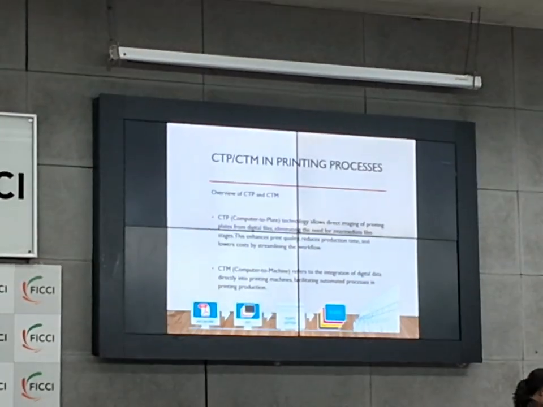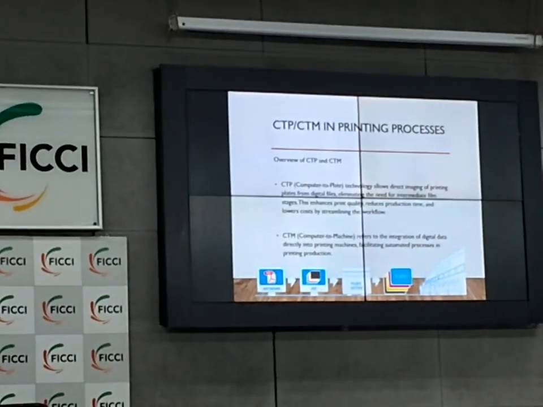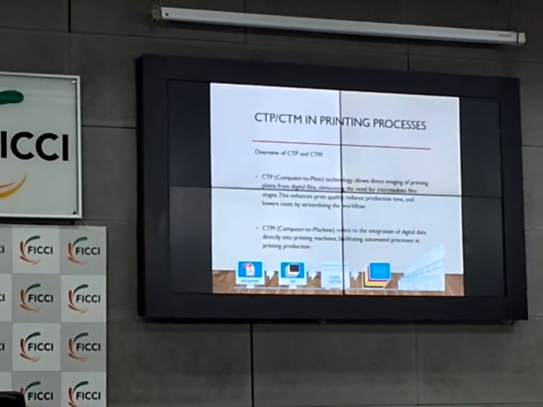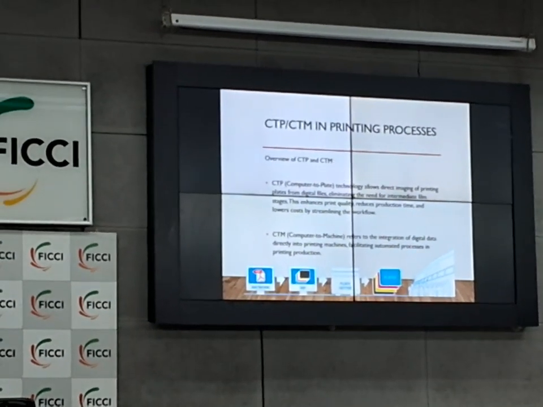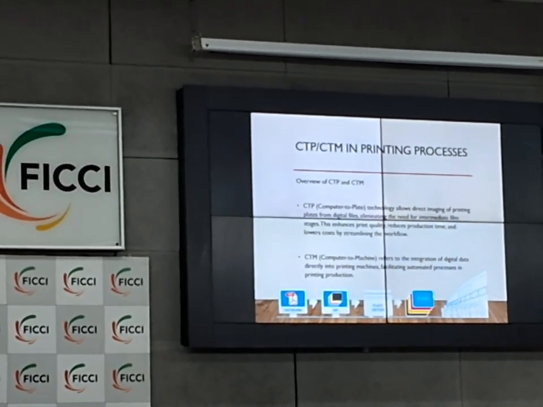Next. So this is CTP and CTM. Earlier there were very big issues with graphic reproduction. Nowadays the latest technology used in the field is the CTP system, that is, computer to plate.